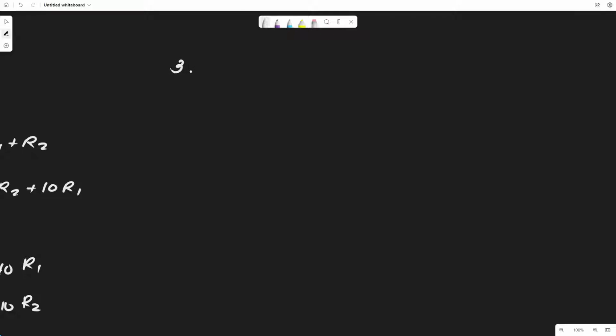So, for a 3x3 matrix, I have here negative x minus 5y minus 5z is equal to 2.